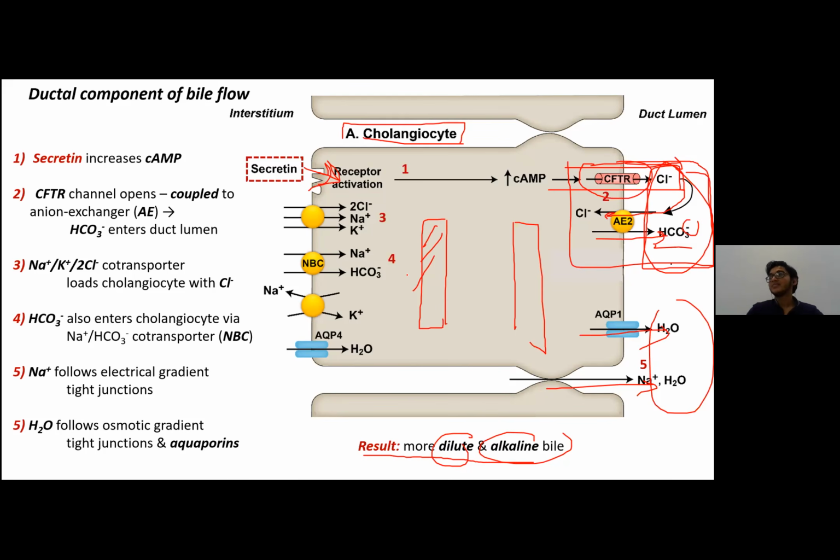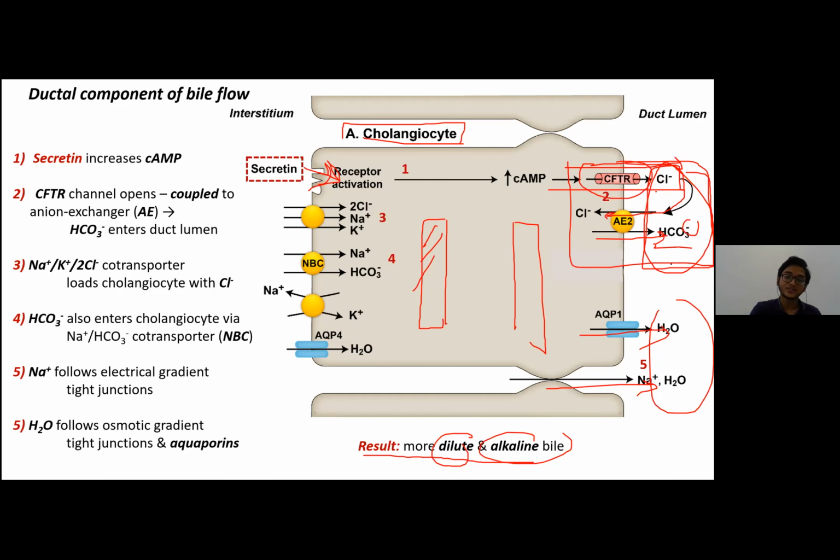I could ask you this in another way. For example, by what mechanism is the bile made more alkaline? Cyclic AMP, okay, which increases surface CFTR.